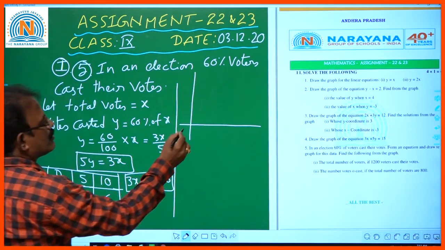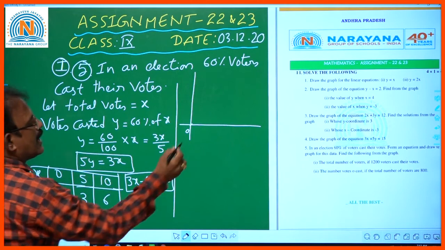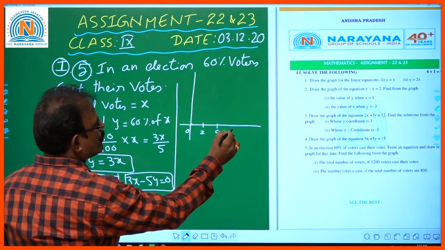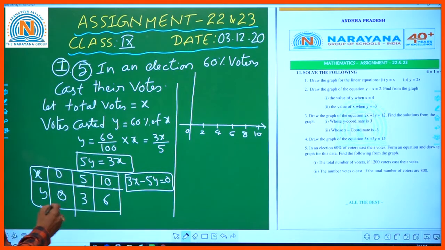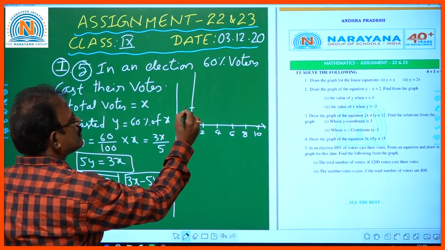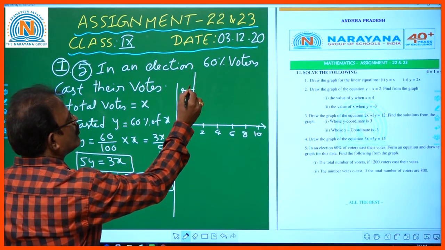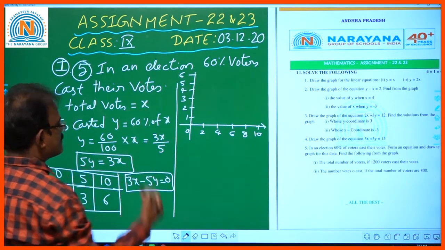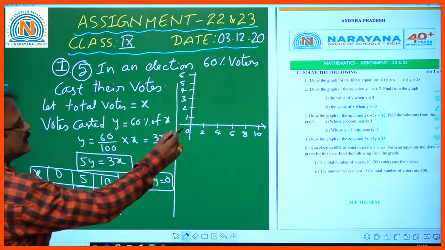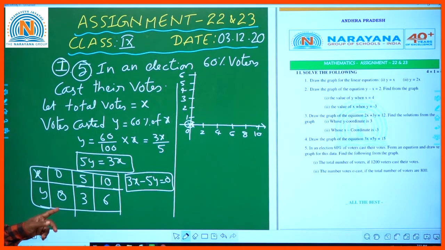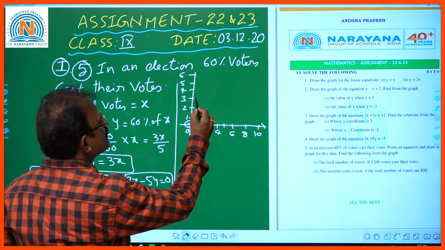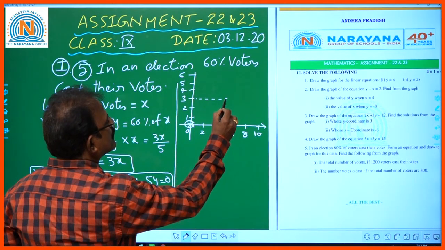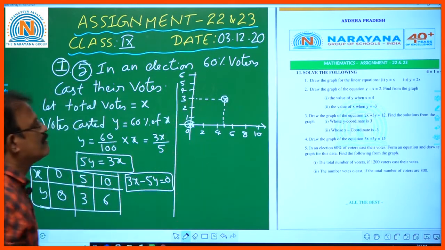Right, when x is equal to 10, I am going to consider 2, 4, 6, 8, 10, and this is 1, 2, 3, 4, 5, 6. So first one 0, 0. Then when x is equal to 5, what is y? 3. 5 means between 4 and 6. 3 means here. This is 5 and 3.